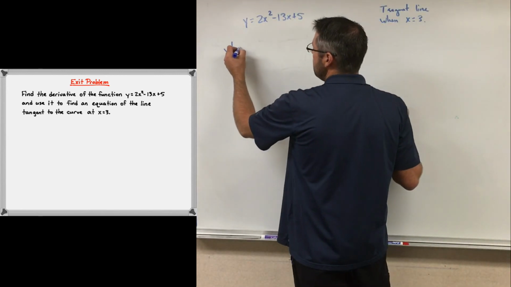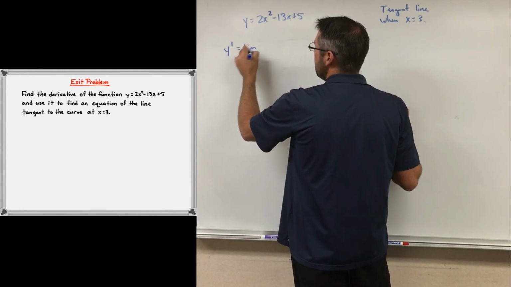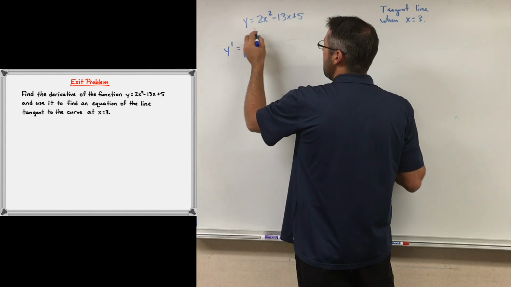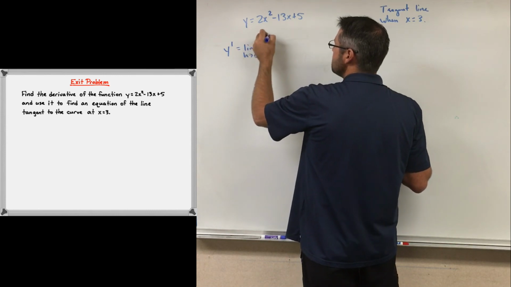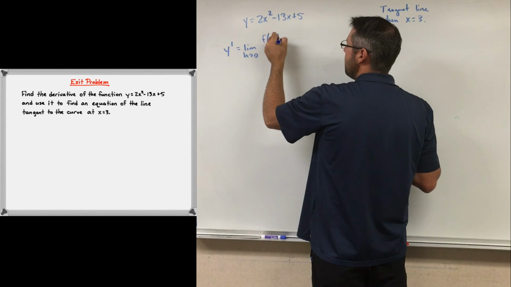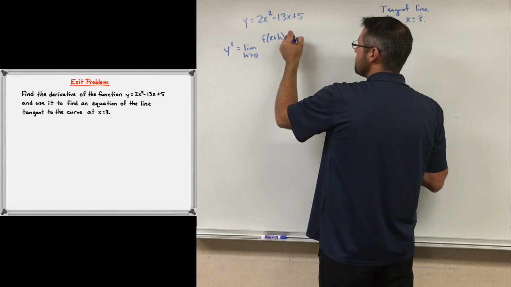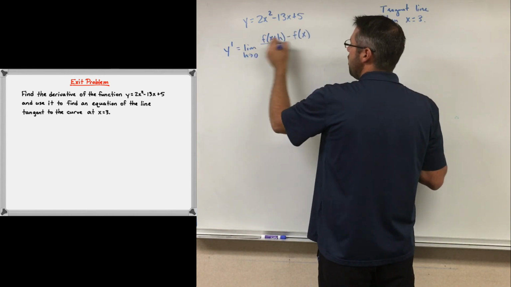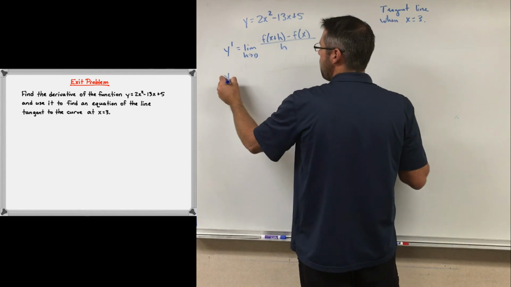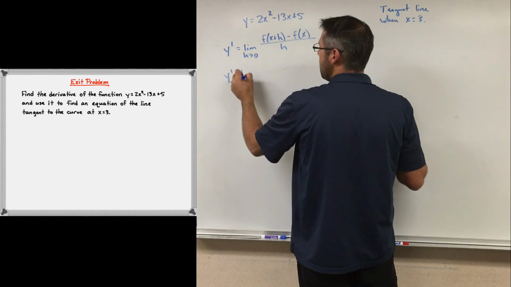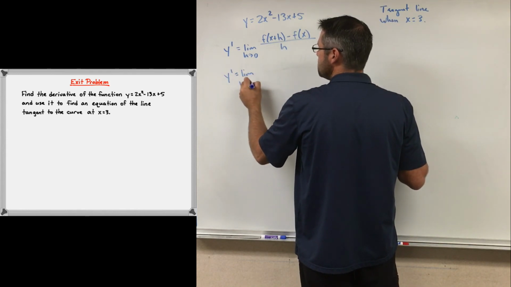So y prime is equal to the limit as h approaches 0 of f of x, it's not labeled f, but that's okay, f of x plus h minus f of x all over h. And so y prime equals the limit as h approaches 0.